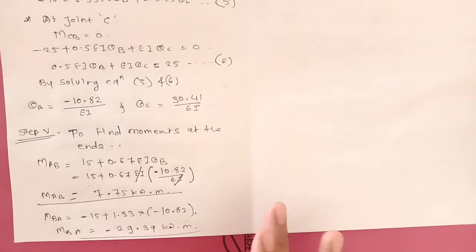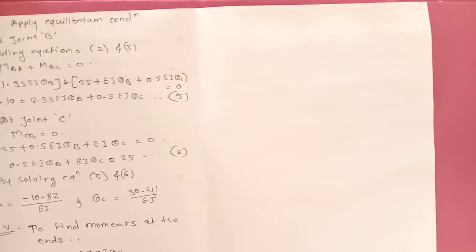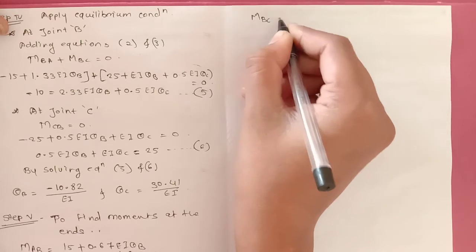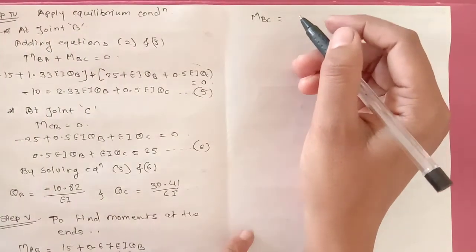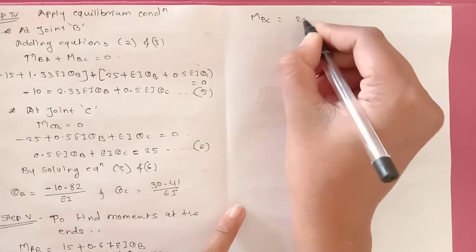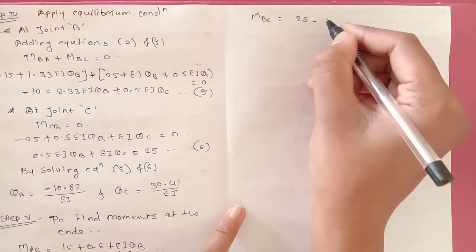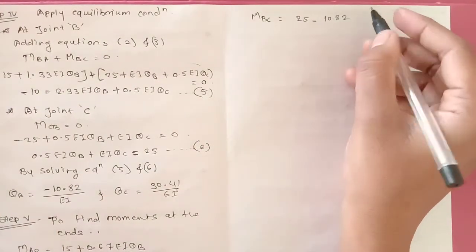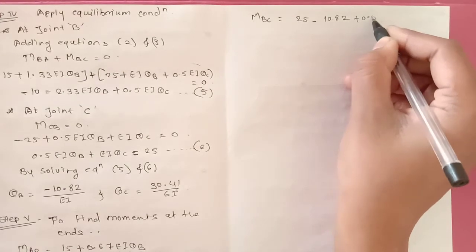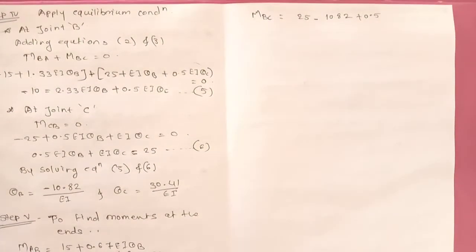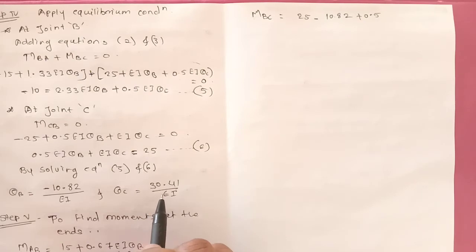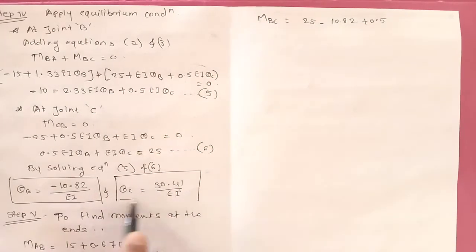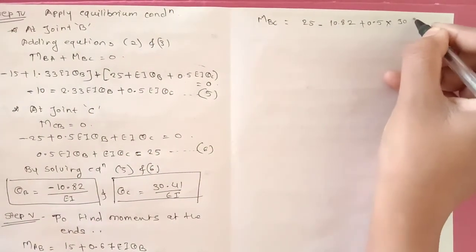Okay, then next, the end moment for member BC, equation number 3. So the equation is 25 minus EI theta B, so the EI theta B value is minus 10.82, plus 0.5 EI theta C. The theta C value is our 30.41, so multiply by 30.41.